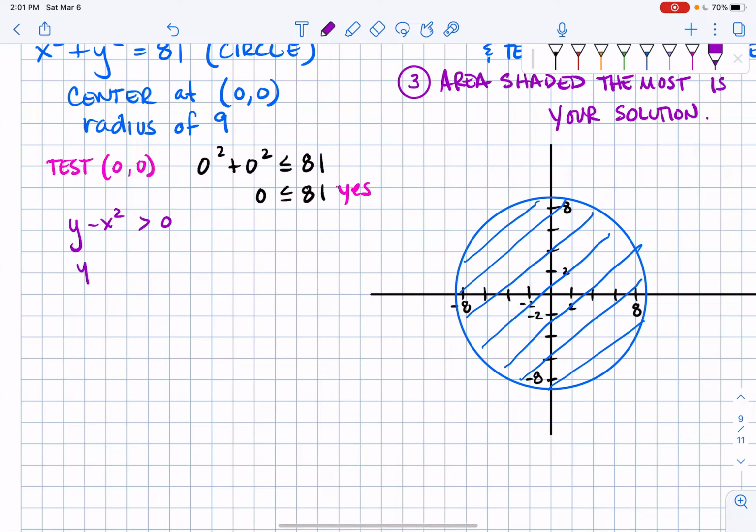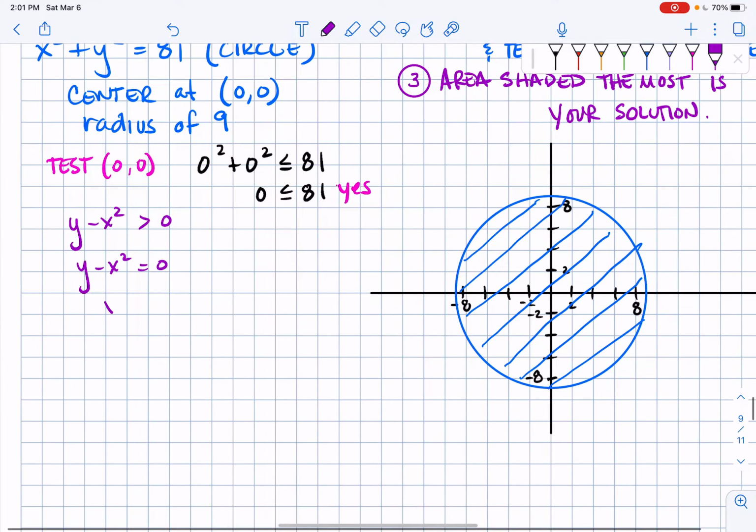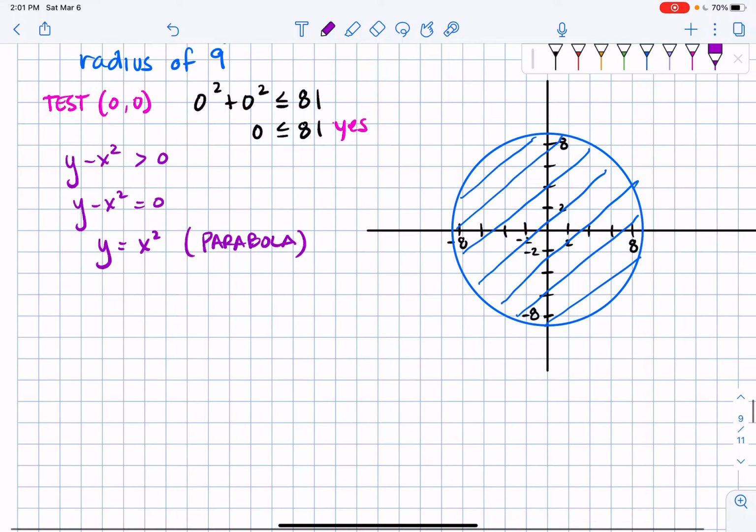So if I have y minus x squared equals 0, I have y is equal to x squared, which is really a parabola. Okay? So the parabola, let's just make a table really quick, just so that we can see what that looks like.